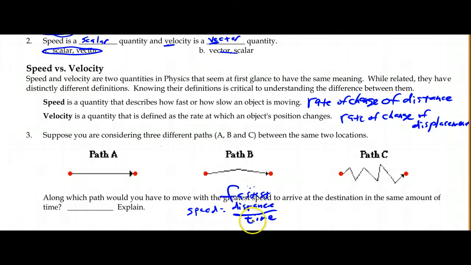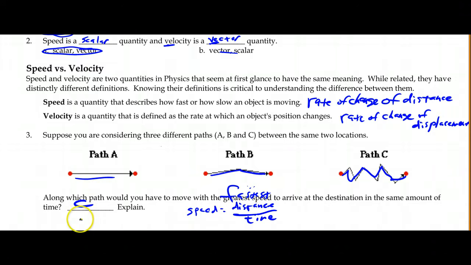All of our times are the same, so if we're going to cover more distance, we have to go faster. This is the shortest distance possible. This is slightly off of that. This, we are taking a convoluted path, so the answer is going to be C.